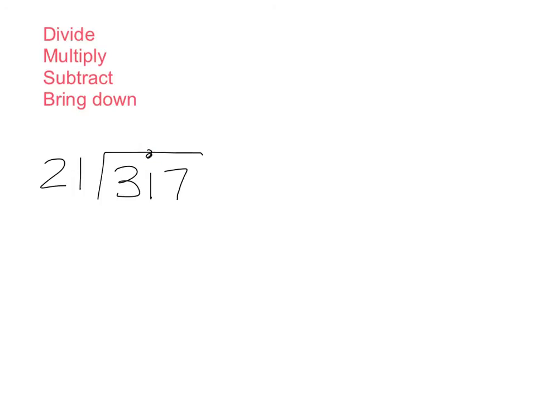And how many 21s in 31? There's 1. So 1, that was my divide, 1 time. Now multiply. 1 times 21 is 21. Next step, subtract, gives me 10. Next step, bring down my 7.